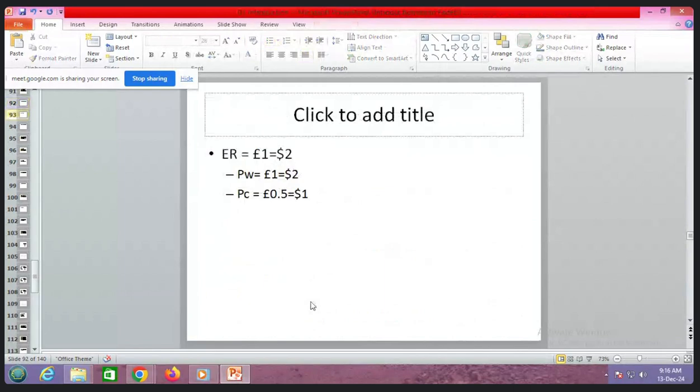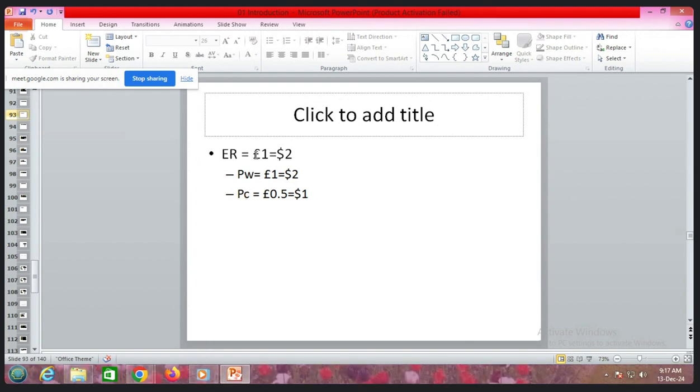Yes, ma'am. So when we take the exchange rate, now remember, so far we had not taken any exchange rate or currency. Now suppose we take the exchange rate as £1 is equal to $2, then we can estimate the price of wheat in terms of dollars and the price of cloth in terms of dollars.